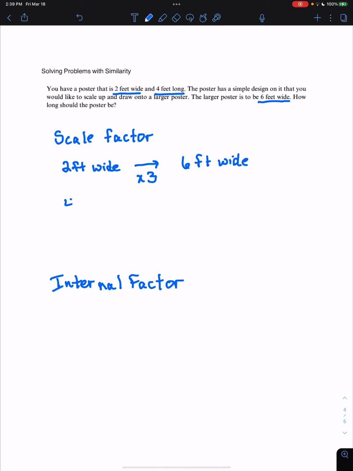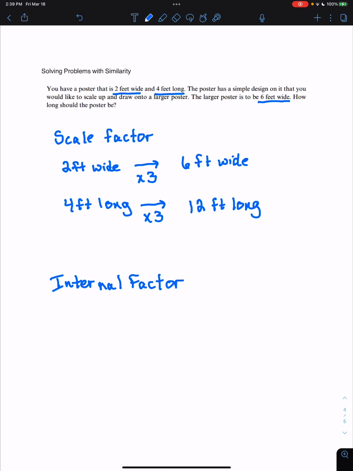So if we have a 4 foot long poster, then we have to multiply by the same scale factor to figure out how long our poster should be. So in this case, our poster would be 12 feet long. So that's using the scale factor.